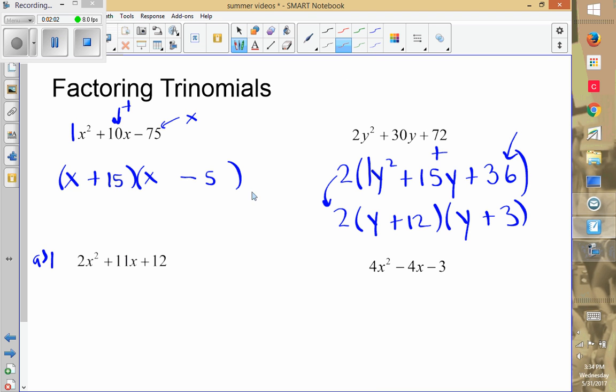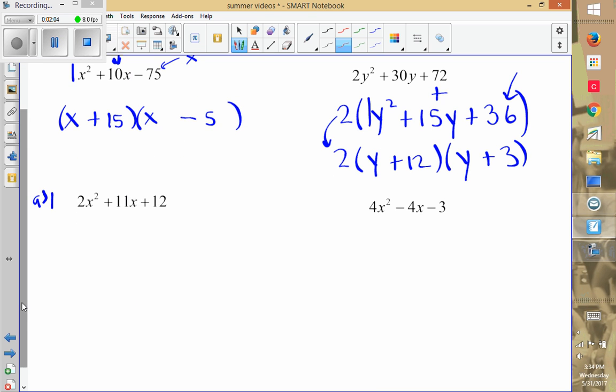It does get a little bit more challenging once we realize that I have a 2 out front as my a coefficient, my leading coefficient. I cannot factor out a GCF of 2 because 11 is not divisible by 2 as well. So I'm going to have a leading coefficient in order to do this problem.